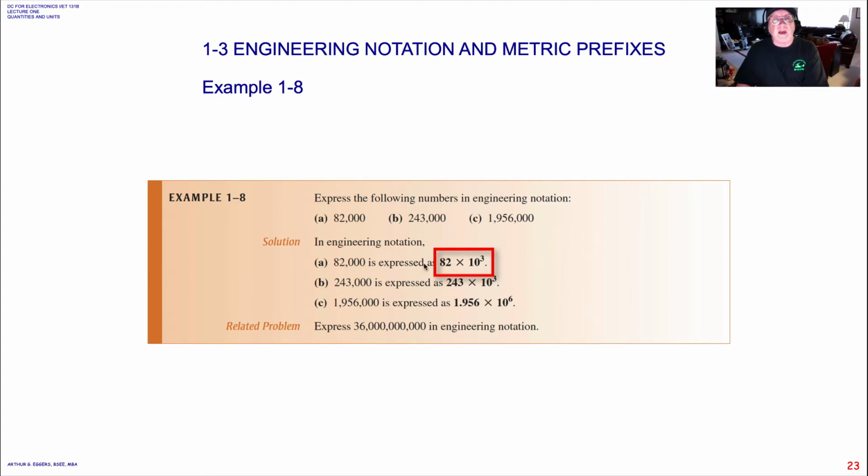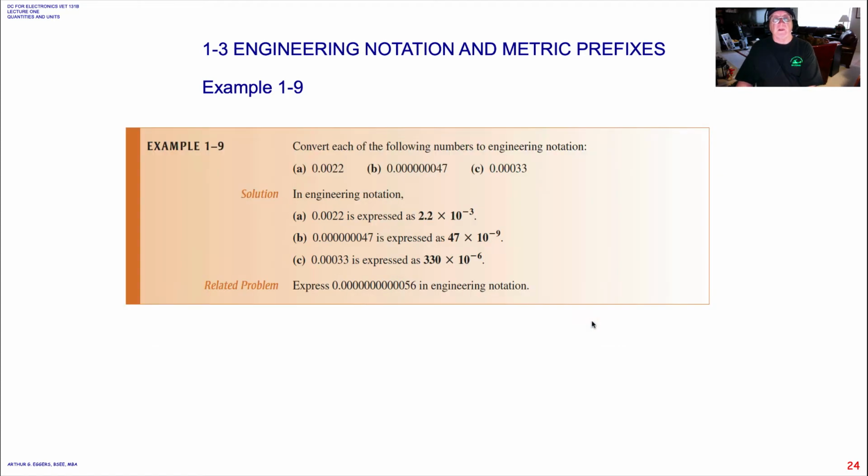So 82,000 becomes 82 times 10 cubed. 243,000 becomes 243 times 10 cubed. In the case of 1,956,000, you'll notice that we did move the decimal point all the way over 6 places so that we can end up using 10 to the 6th.